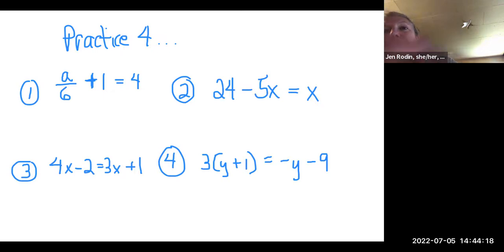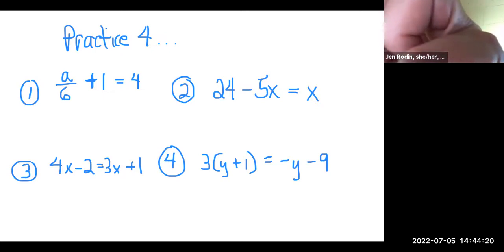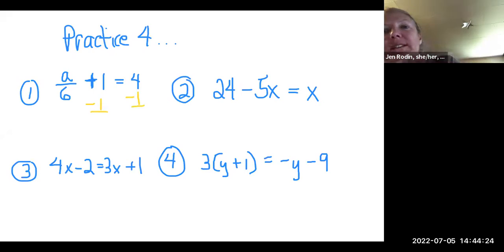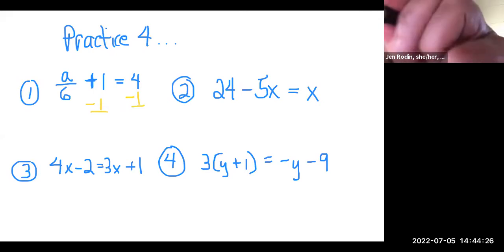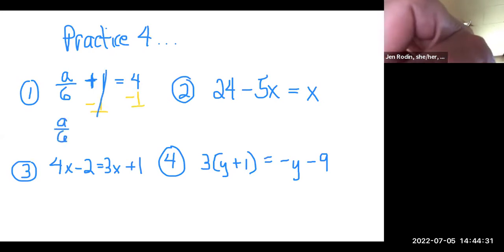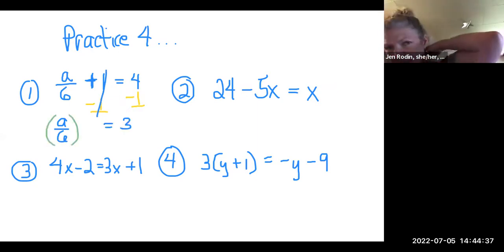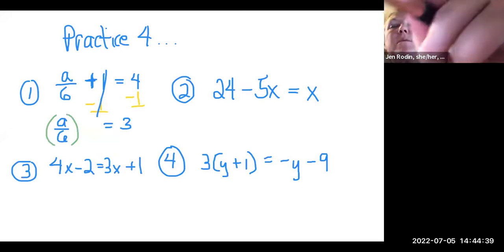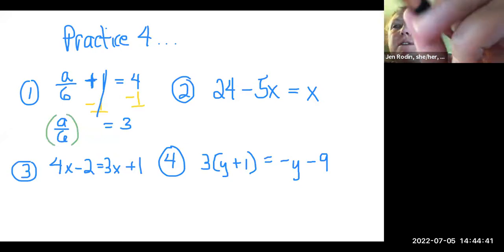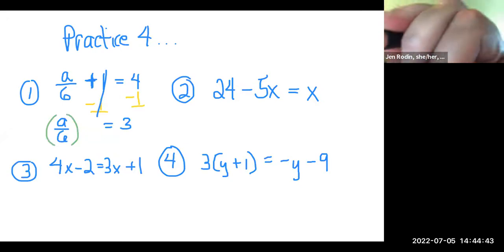Okay, so the steps for these ones, subtract 1 from both sides. Remember, that's that additive inverse. So a over 6 plus 0 equals 4 minus 1. Then multiply both sides by 6, that's the multiplicative inverse or the reciprocal.